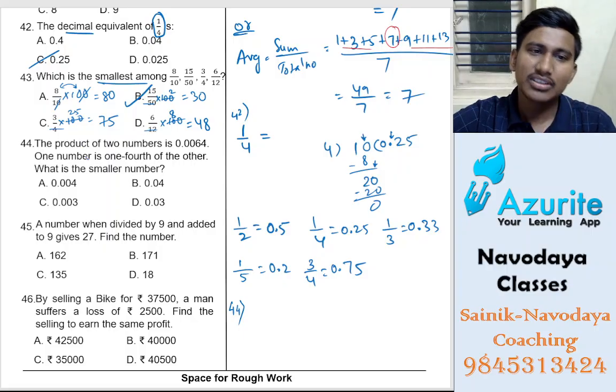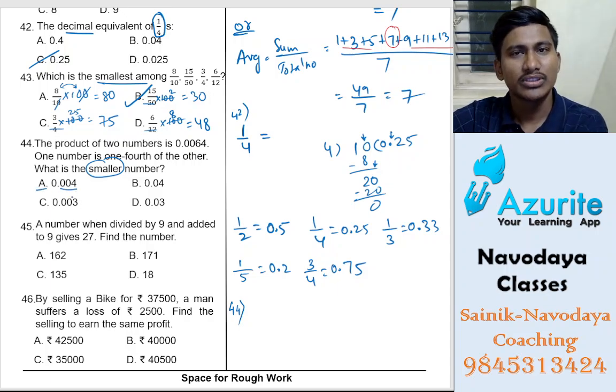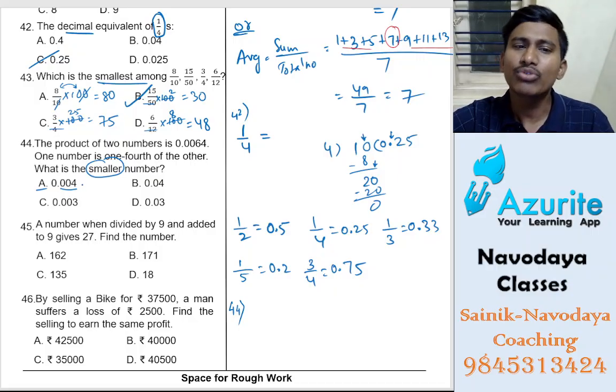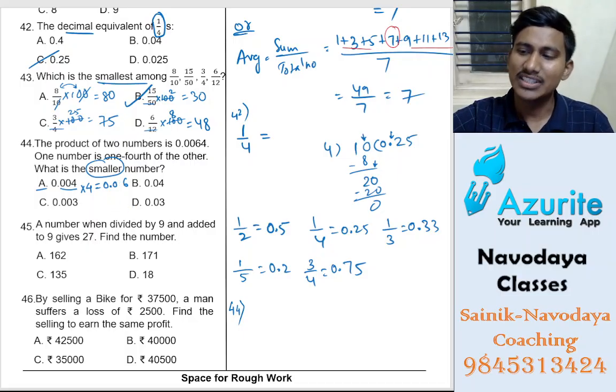So if you take the smaller number they are asking as this option A, 0.004, the larger number will be, you should multiply with 4 here. If you multiply with 4, you will get how much? 0.016, right? That is 4 4s are 16 here.